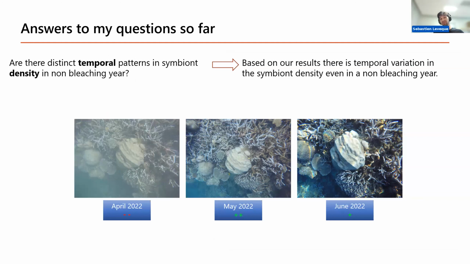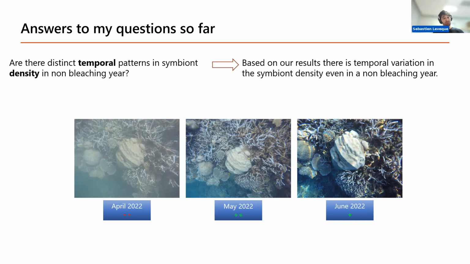But on the other hand, you still have what we call a bleaching season, which occurs in Mayotte, as I said, in April. And we do observe a lower density concentration in April compared to May and June for the following months.